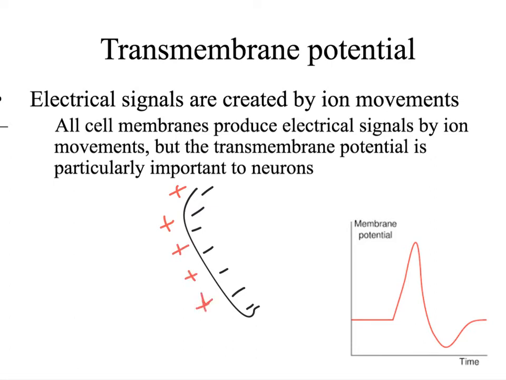These are produced by the electrolytes, in particular sodium and potassium. So this is the outside and this is the inside. And this creates what they refer to as a transmembrane potential. That means that there's a difference in the electric voltage on the inside versus the outside.